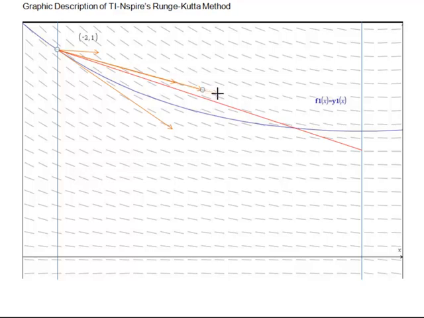And so I think I will expand this about there. The 4th slope we calculated, its weighting is 3/24. So it should be at least half as long as the first slope, let's say about there.